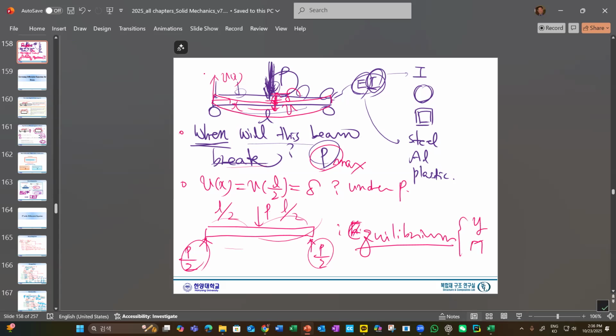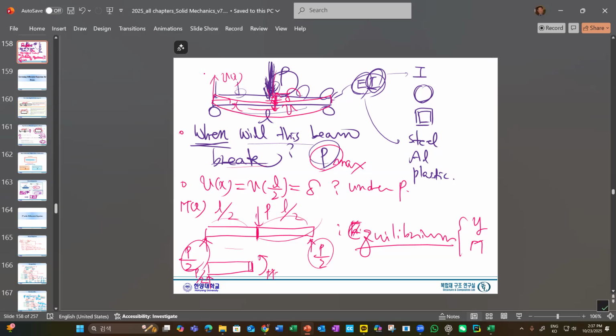Now, very importantly, the moment M(x), we need to know. Let's say we know the pen will break at this point. Then how much is the moment over here? How much moment here? We just cut in half and see how much load needs to be there to make this structure in equilibrium.